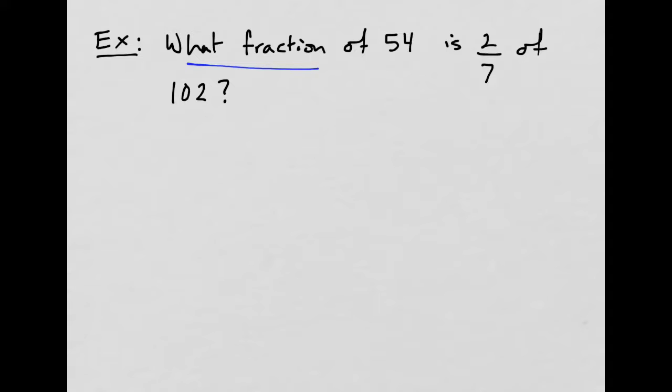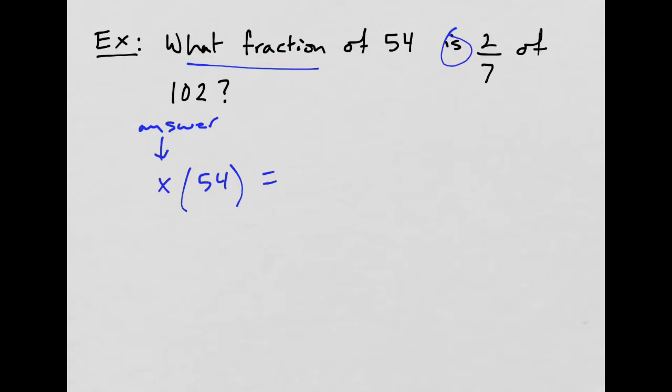But the goal is to find a fraction. The way we can write this part, it says what fraction of 54? I'm going to say x is the fraction, so that's going to be my answer. Some fraction of means multiply. So I'm going to say the fraction times 54. What fraction of 54? So I'll multiply by 54.